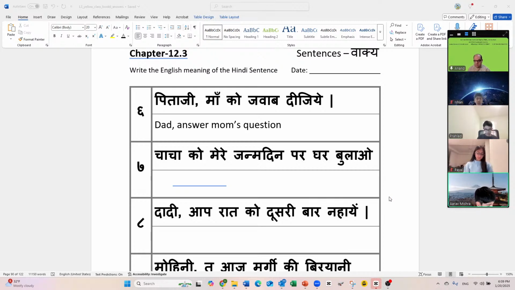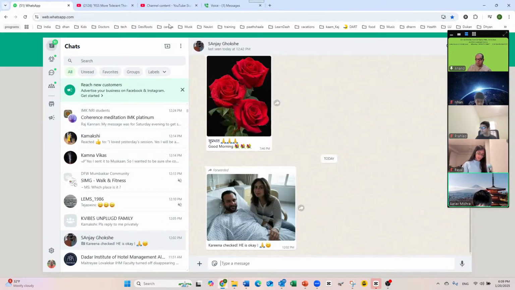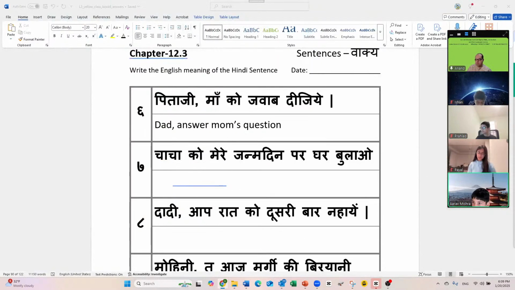चाचा जी, I mean चाचा को मेरे जन्मदिन पर घर बुलाओ. चाचा.